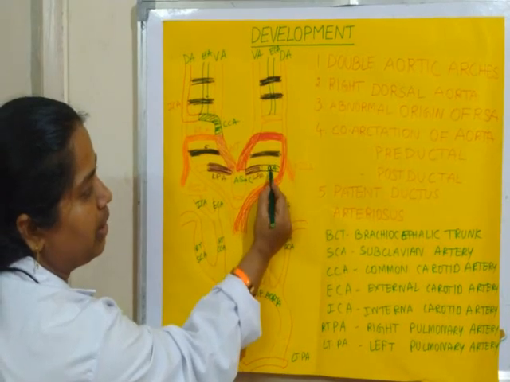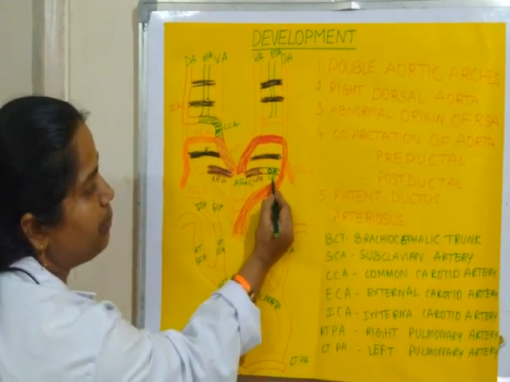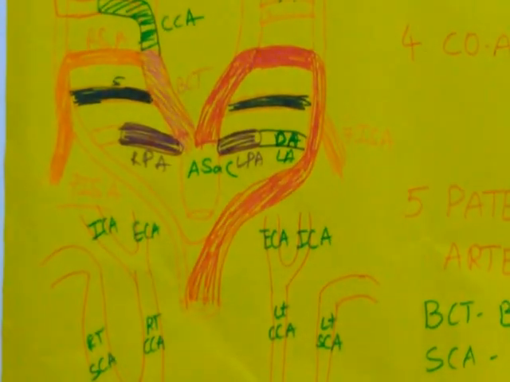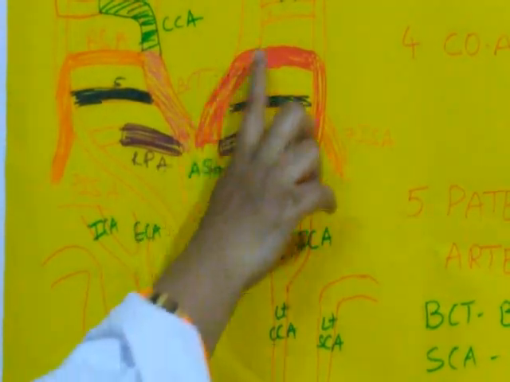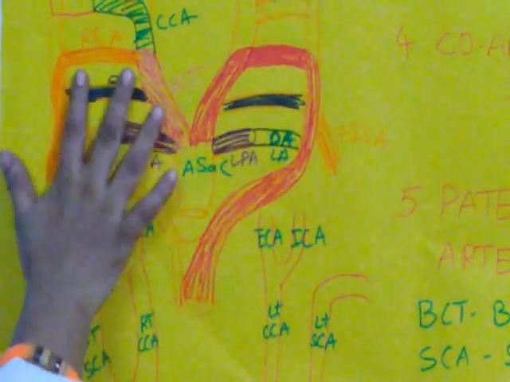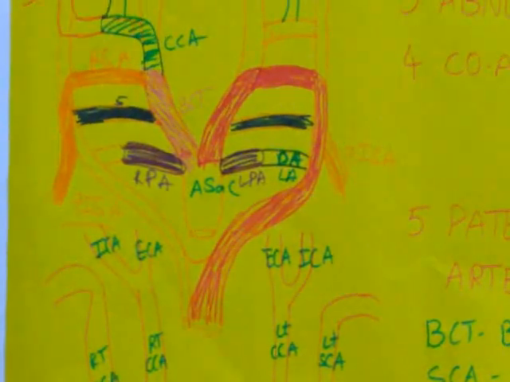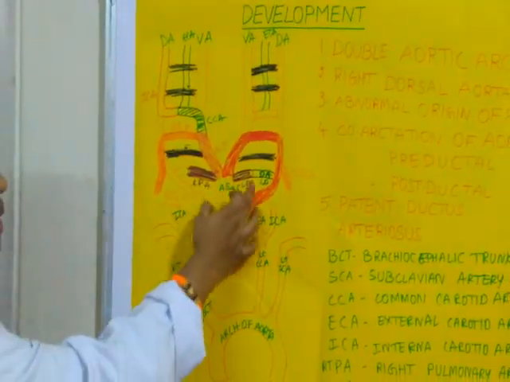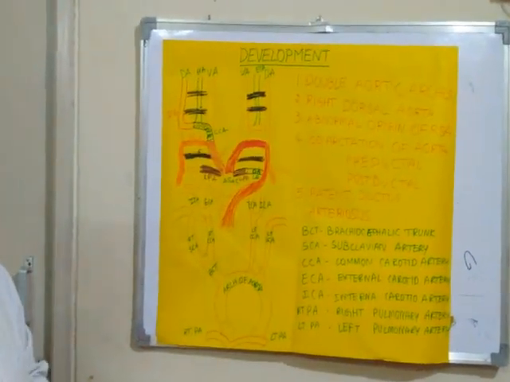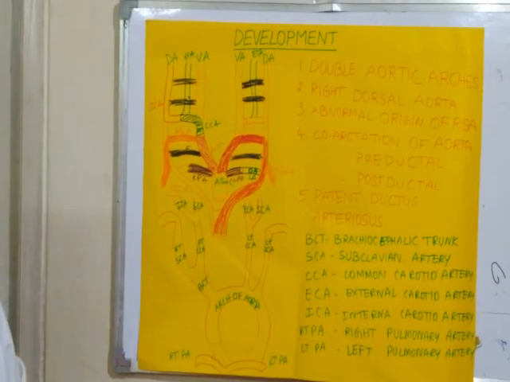This ductus arteriosus forms the ligamentum arteriosum. So this is the development of the arch of aorta, subclavian artery, brachiocephalic trunk, and right and left pulmonary arteries. So what are the important applied aspects here?